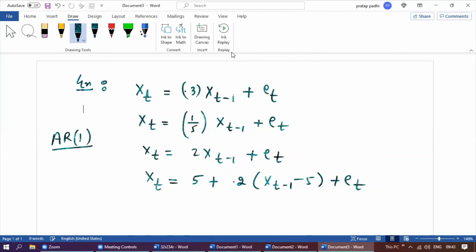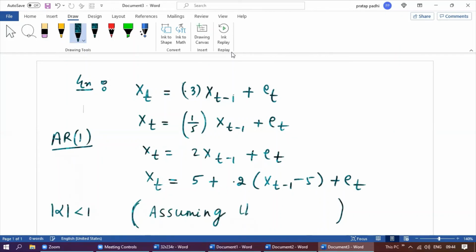Now remember, we know that if mod alpha is less than 1, then the processes are stationary. And if you see the question, in many cases it must be mentioned: assuming the processes have infinite history. When students see this, they ask what is infinite history.